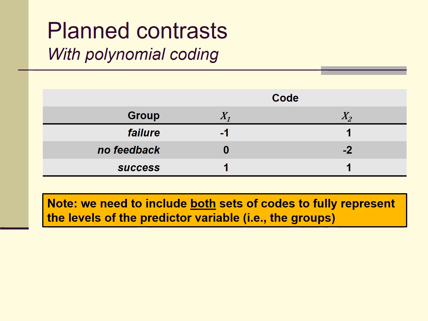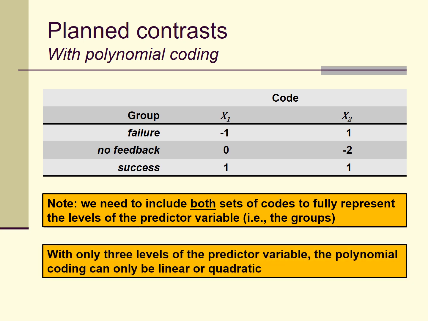You need both sets to fully represent all levels of the data, such that each group has a specific code. With only 3 levels of our predictor variable, that is, a failure group, a no feedback group, and a success group, there are really only 2 possible polynomial trends we can test. One is the linear trend, the other is the quadratic trend. So go ahead and test them both.